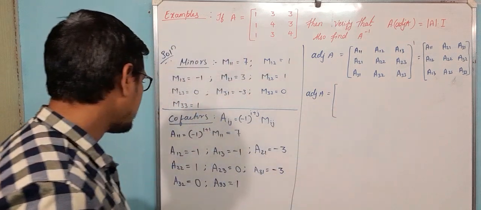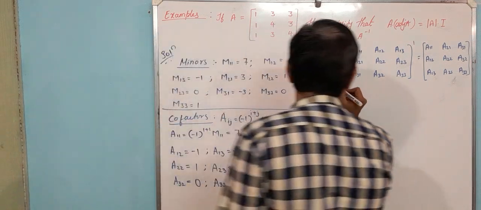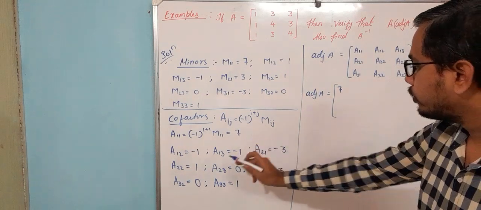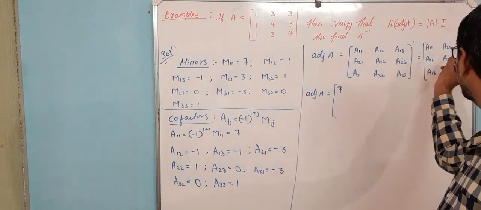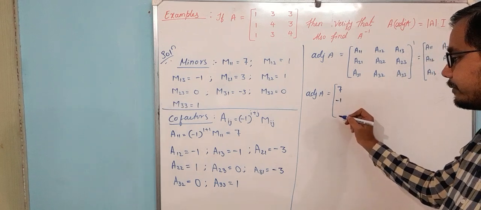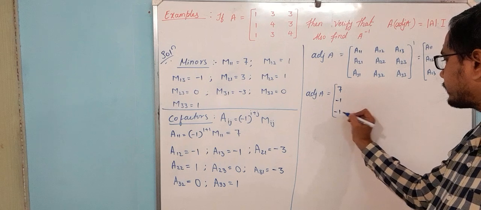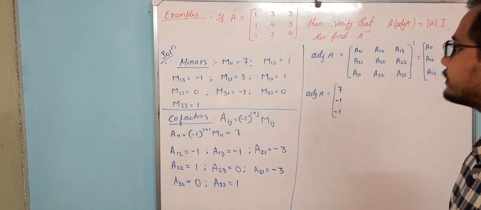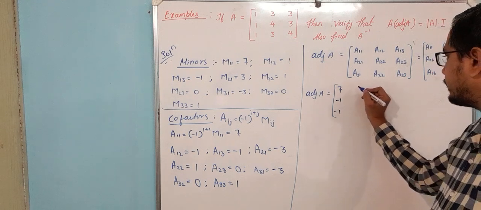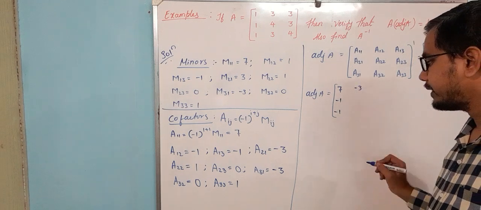Now if I substitute, what will be my adjoint A? A11 is 7. A12 is minus 1. A13 is minus 1. A21 is minus 3.